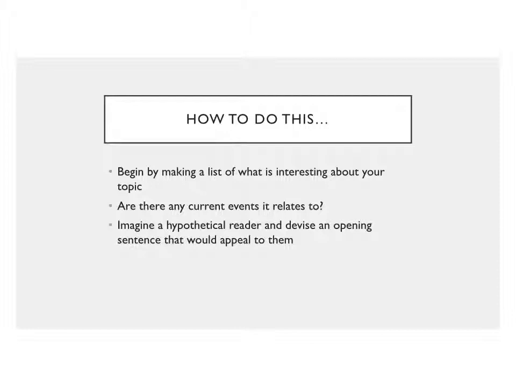And make a list of what is interesting about it. Are there any current events going on that you could relate to this topic? Or imagine a hypothetical reader and devise an opening sentence that might appeal to them. Imagine who your reader will be, and then think up a sentence that would help you capture that individual's attention.